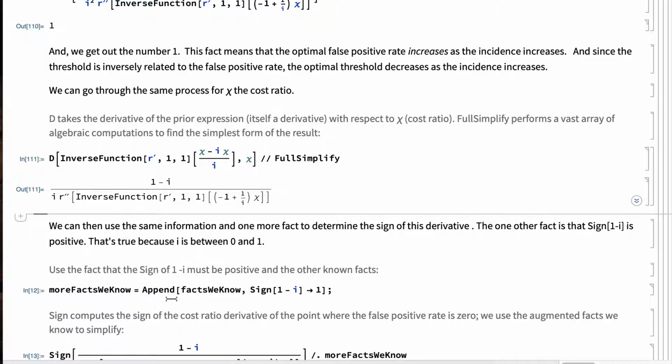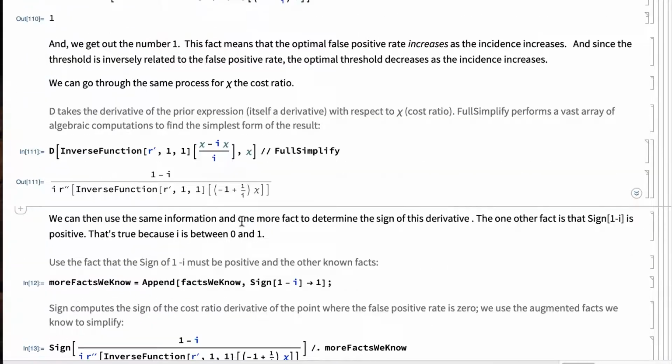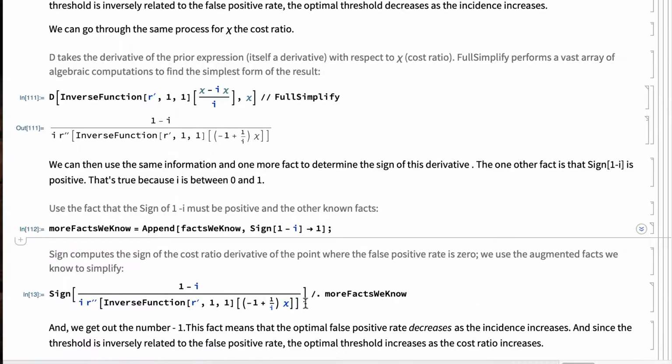We're just trying to figure out its sign, and we're going to add one more fact to the facts we know, and that is that the sign of 1 minus I is also positive. Why? Because the incidence is always greater than 0, and so the sign of this value is going to be positive. And now let's compute the sign of this yucky expression, plugging in the facts we know, and maybe we'll get a nice clean answer.